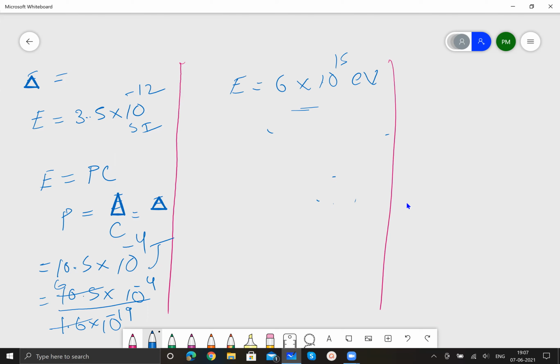Very simple, standard question. Next, another simple question, just the same formula. Here E was asked; next problem P is asked. Find the momentum of a photon with an energy of 15 electron volts.